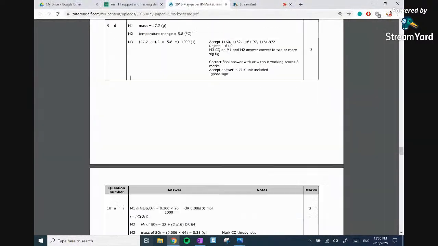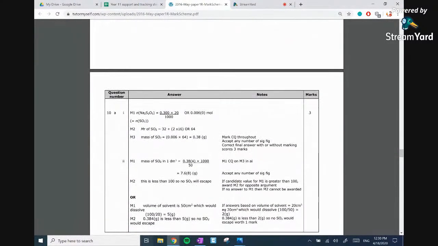Mass of SO2 in 1 liter. That's interesting, I got my number right there. Times by 50.